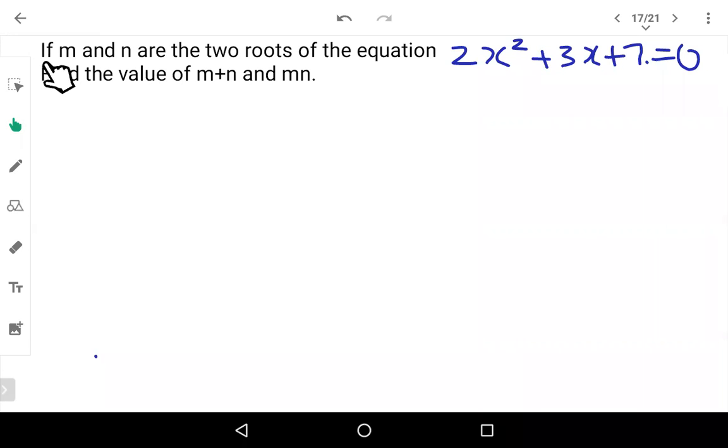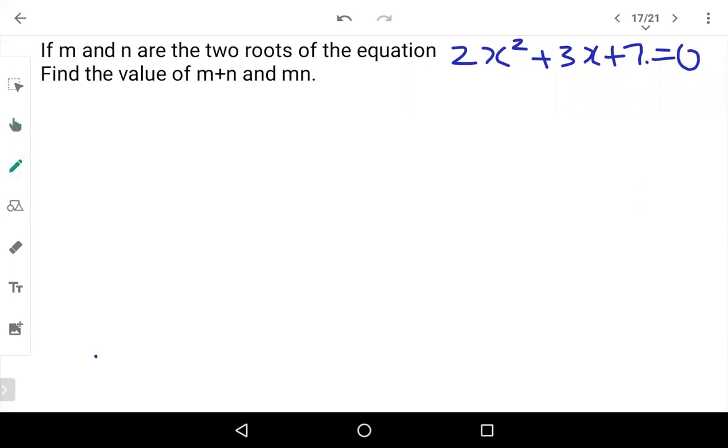If m and n are the 2 roots of the equation 2x square plus 3x plus 7 is equal to 0, find the value of m plus n and m into n. Here they have given us the quadratic equation and they are asking us to find the sum and product of the roots.